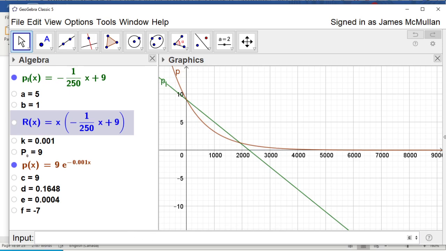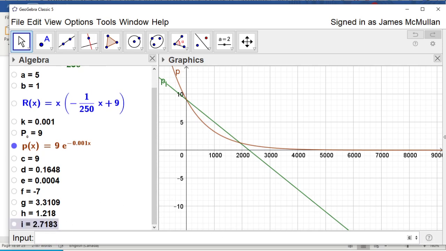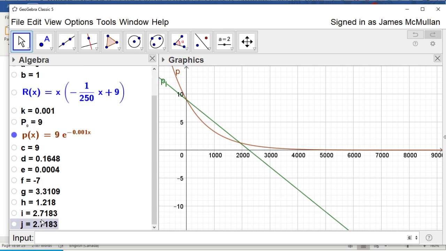So for example, look at P of 1,000 and then look at P of 2,000. And then what we can do here is compare that with P of 0. So if I go P of 0 divided by P of 1,000, I get e. And if I get P of 1,000 divided by P of 2,000, I also get e.